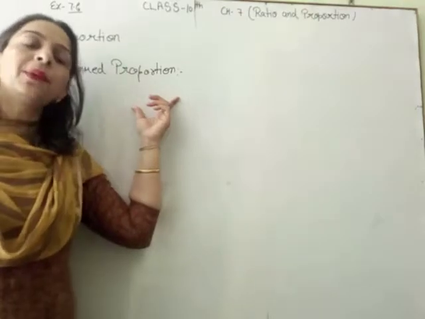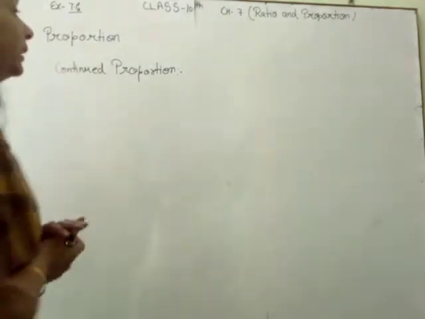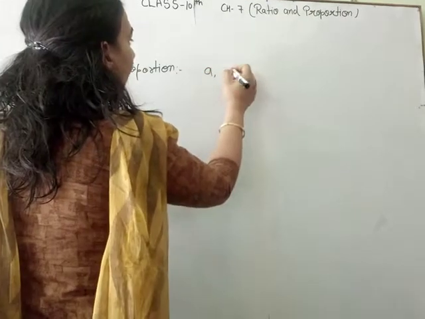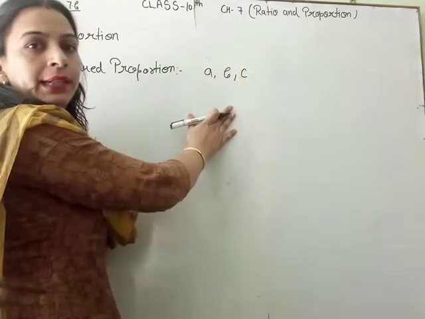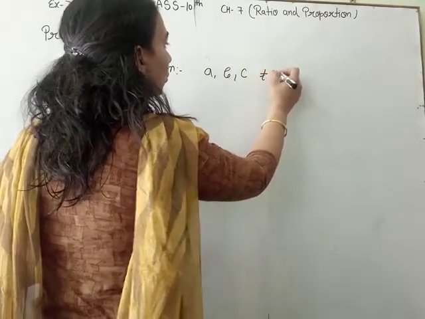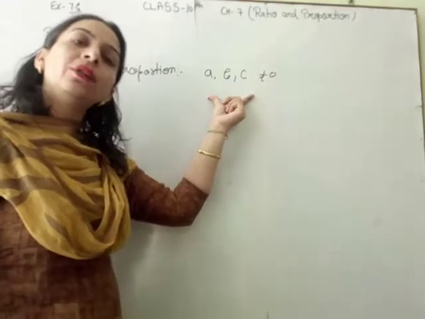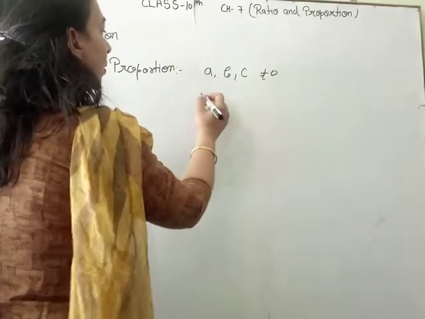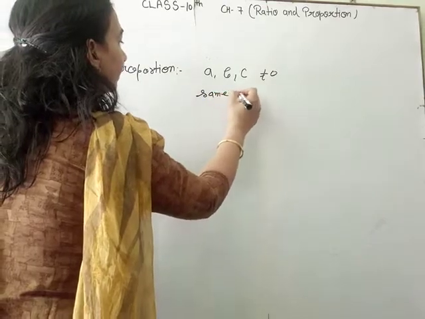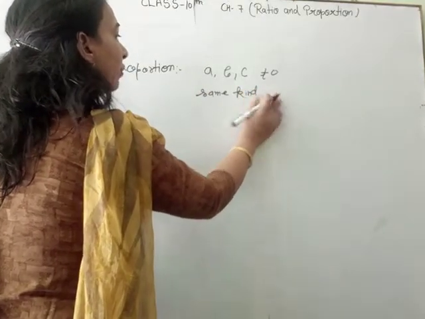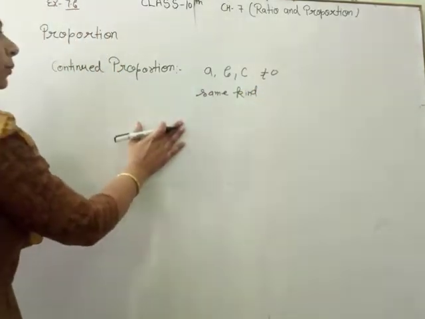In continued proportion, students, there are 3 quantities. If A, B and C are 3 non-zero quantities, all of the same kind and same unit, then what is the continued proportion?